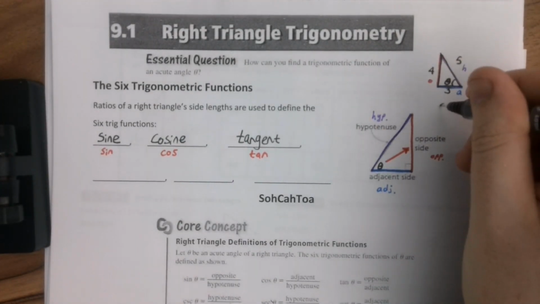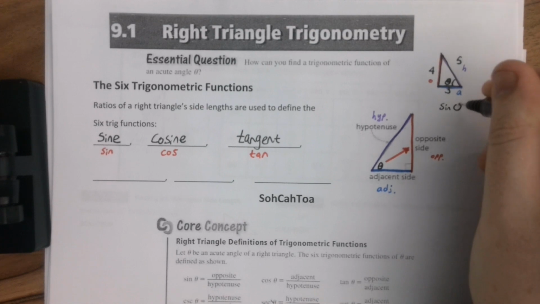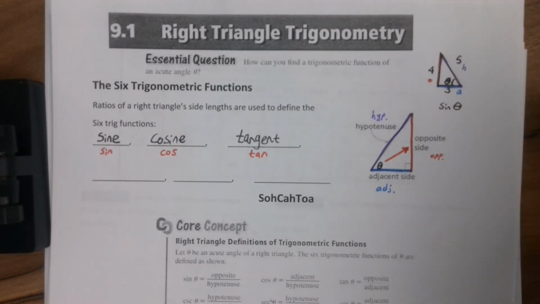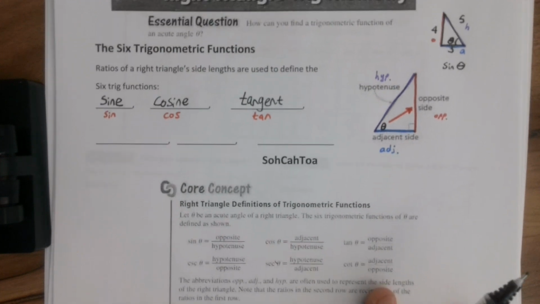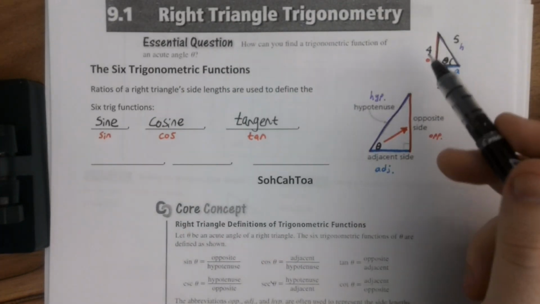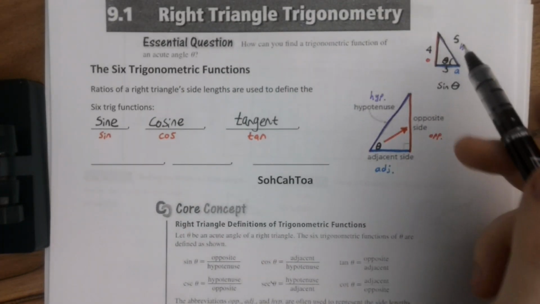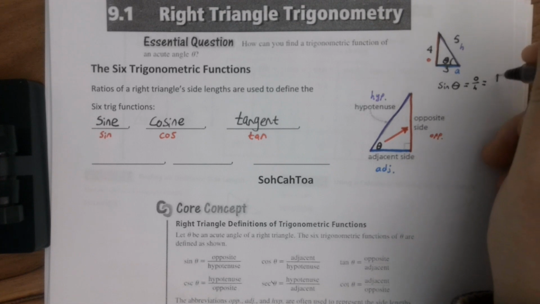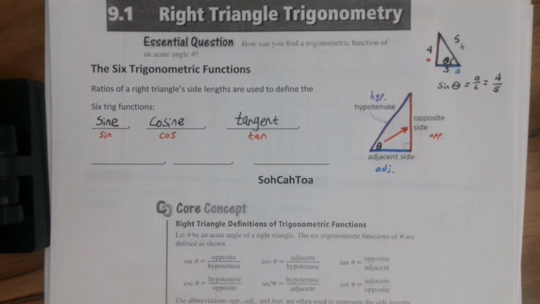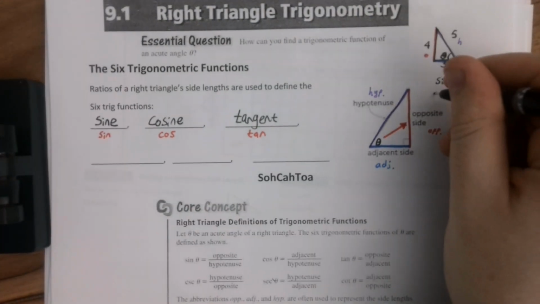We could say that the sine of this angle is, according to this table, the opposite divided by the hypotenuse. The opposite side length is 4, and the hypotenuse is 5. So if the sine is opposite over hypotenuse, that just means it's 4 over 5. We could also do the cosine.